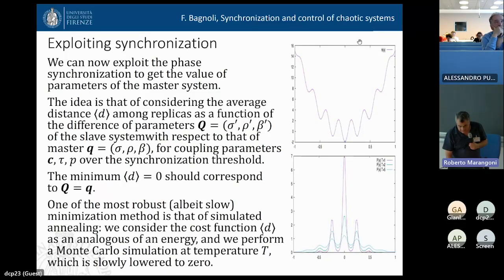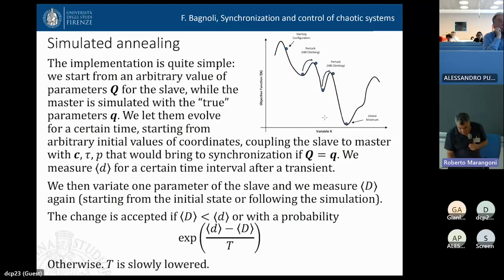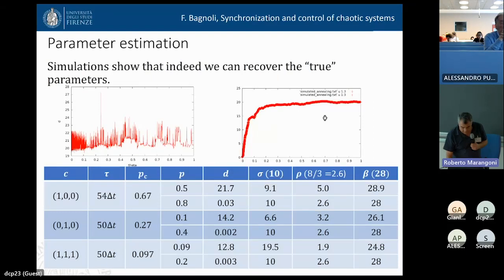I can show you, this is for pedagogic purposes; the actual shape of the difference is quite weird, so it is better to use some robust scheme, like simulated annealing. And we see that if everything goes well, this is essentially the temperature of the simulated annealing. When the temperature goes to 0, the difference goes to a very small difference from the real parameters.